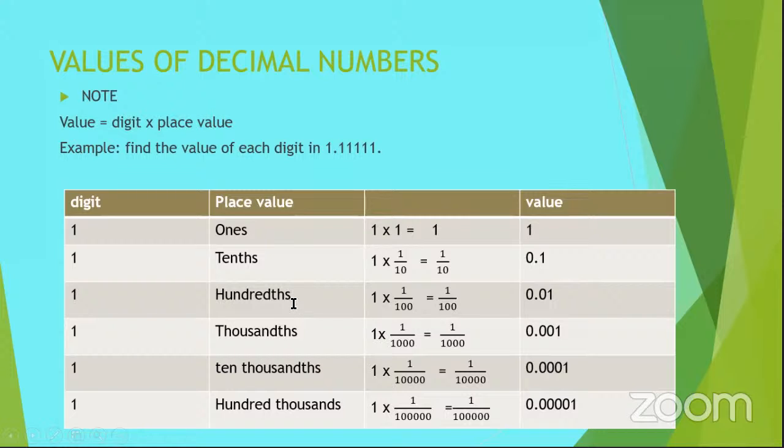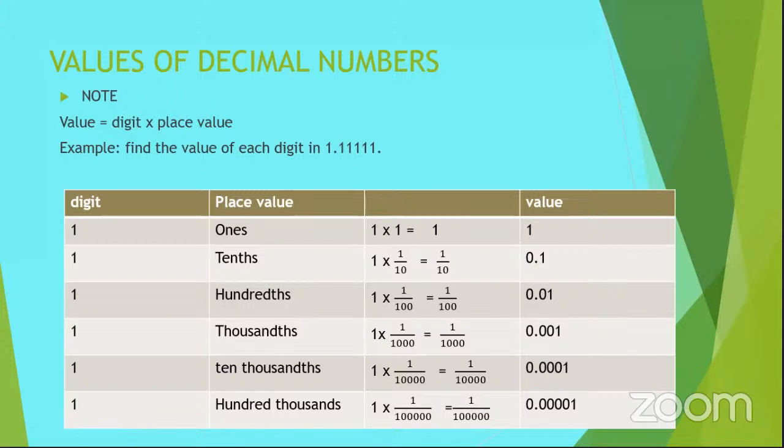So now when you look at hundredths, the next digit, the place value of hundredths, that is the second one. The second one after the decimal point is under hundredths. So what we do, we multiply 1 times 1 out of 100 to represent its place value. So what do we get?